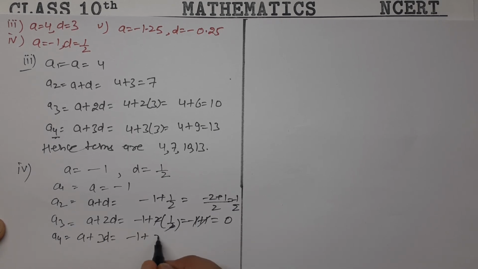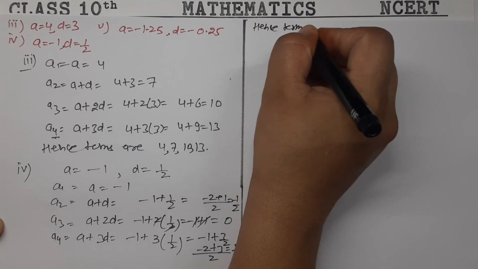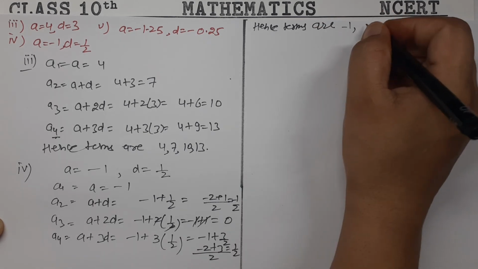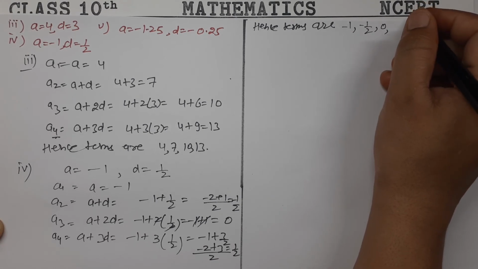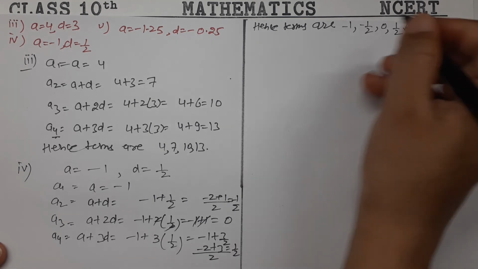A4, A plus 3D, take LCM, we have 1 by 2. Hence terms are minus 1, minus 1 by 2, 0, 1 by 2. Answer.